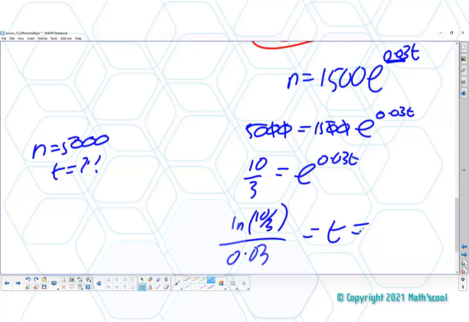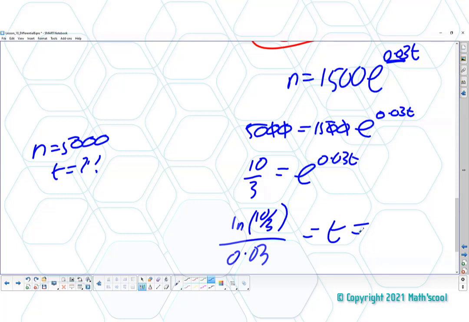I'll work out mine. Mine will be terrible and I'll be embarrassed by my answer. So we get ln of 10 over 3, close bracket, divided by 0.03.